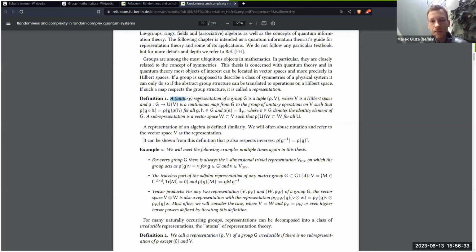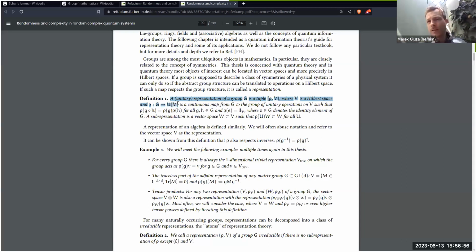A unitary representation of an abstract group G is a tuple rho and V, where V is a Hilbert space, so it will be some matrix space. And rho is a mapping of elements from G to unitary matrices on that Hilbert space. Okay, so it's twisting around a little bit.